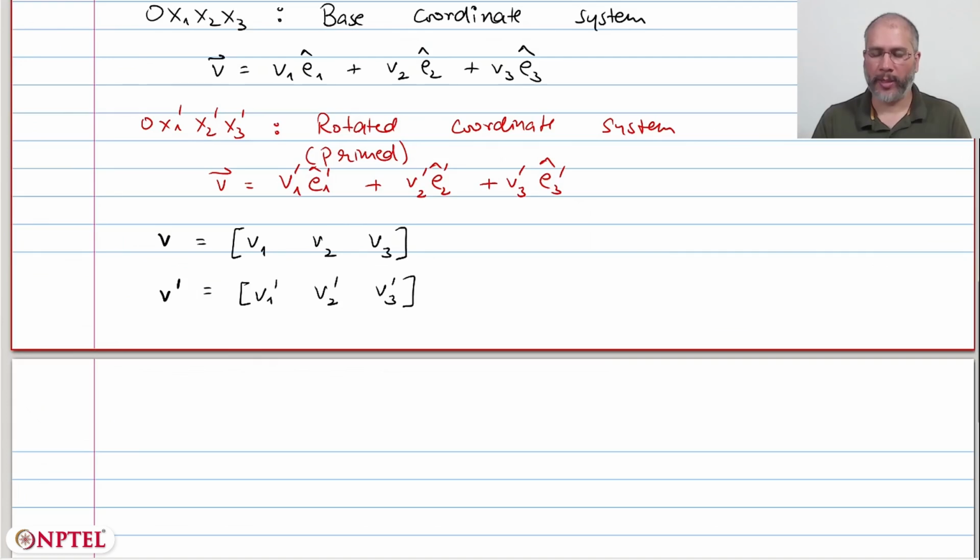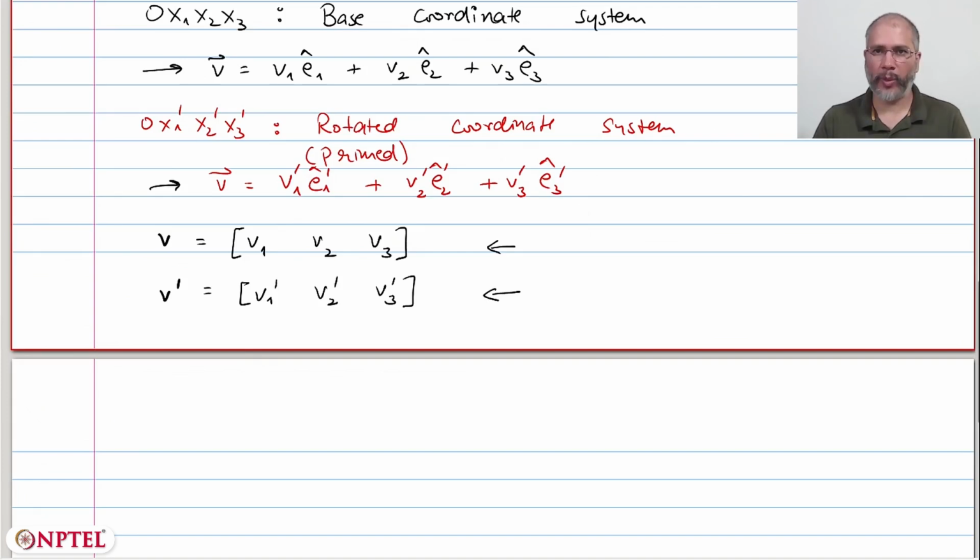So this vector representation with the three numbers is different because we have different components. That is the reason we use a v prime, but we must always remember it's the same vector. So we have written that it's the v vector in both cases. So I can use the equality symbol, but for representing the coordinates in the form of this tuple, I'll be using v and v prime.